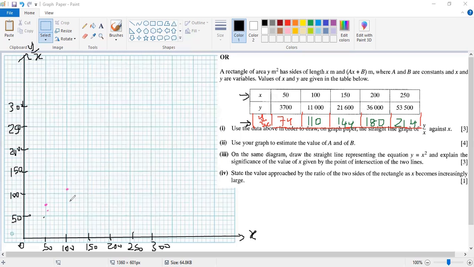And then 150 and 144. Then 200 and 180. Then 250 and 214.